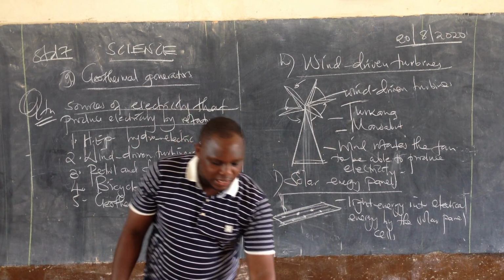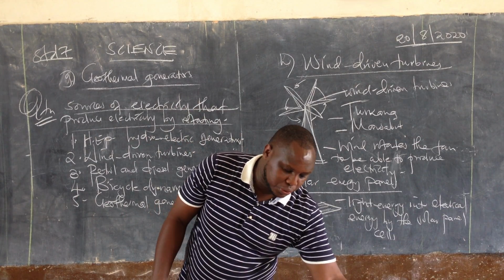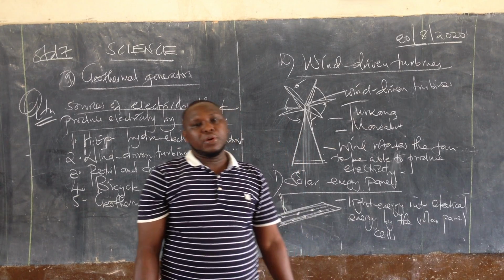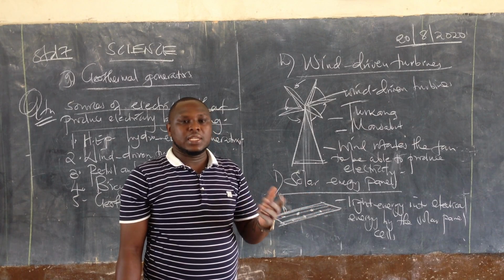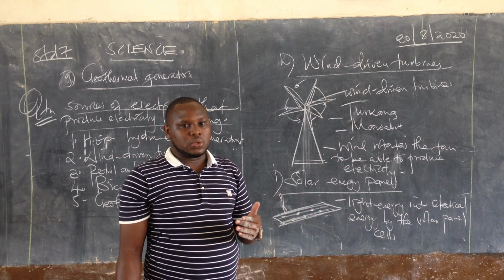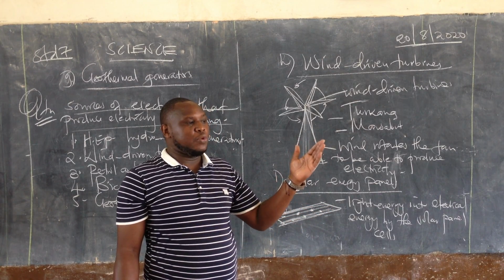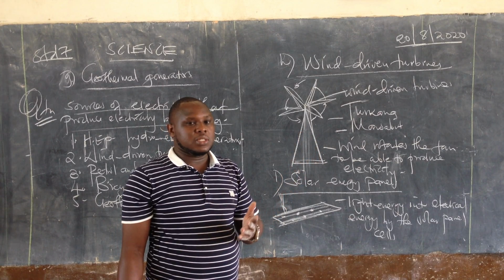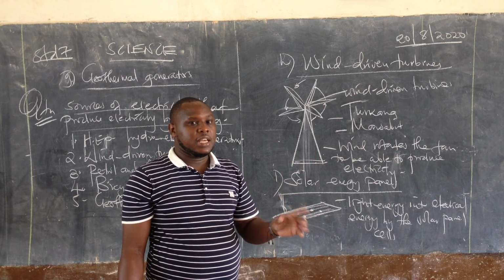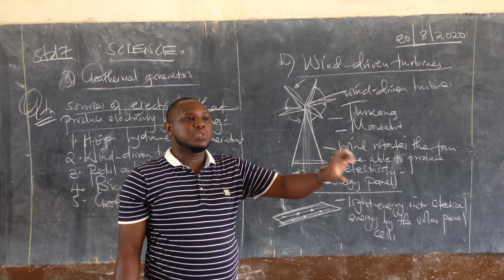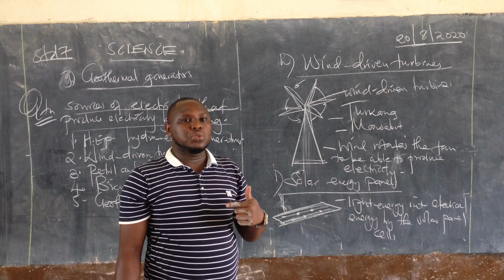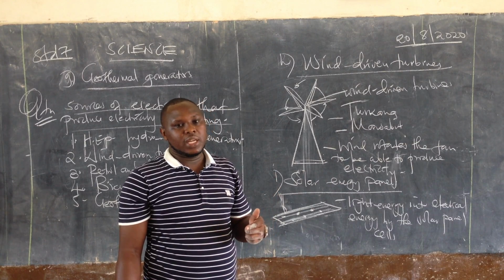So in our next lesson, learner, we are going to talk about simple electric circuits. We are going to understand what a circuit is. The one that I gave you, which produces electricity by use of dry cells, is a good example of a circuit. But whenever we are not using dry cells, what are we using?